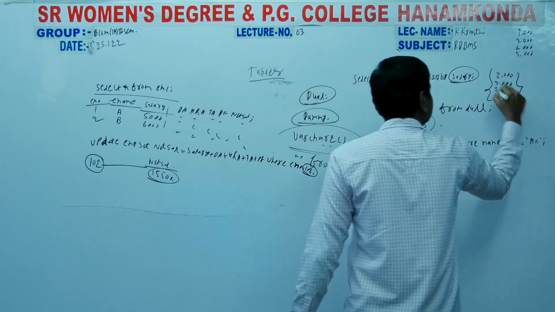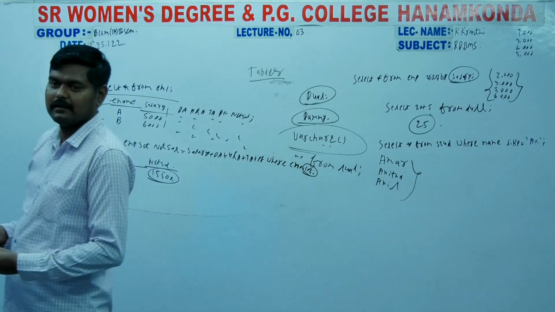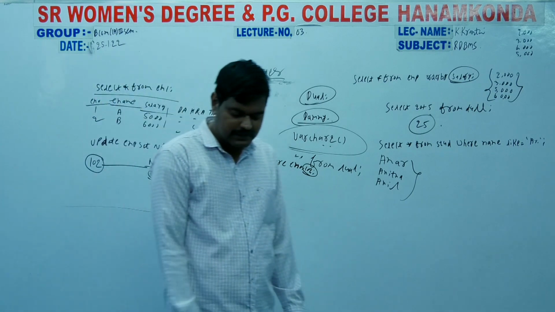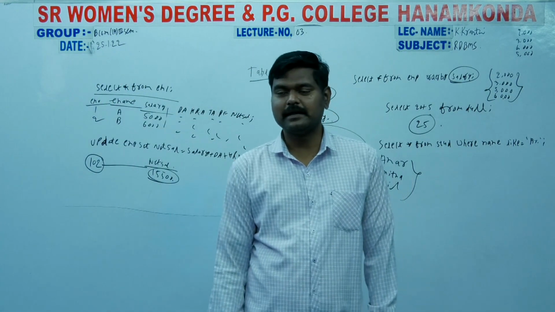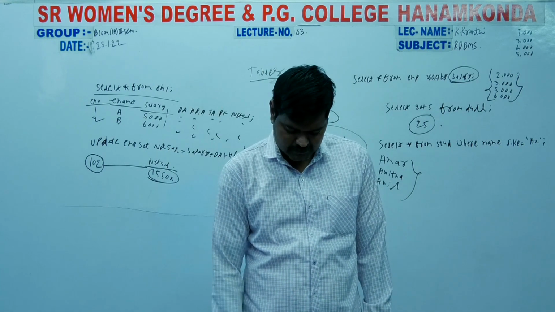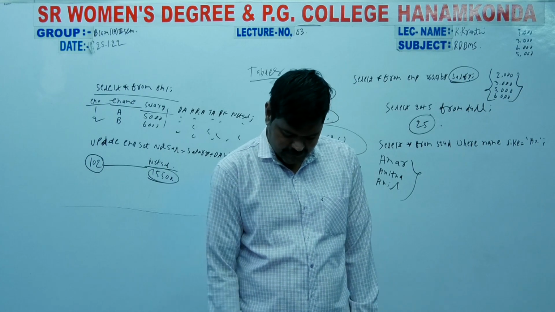Sorting order means arranging the elements in ascending or descending order. Here it takes ascending order and arranges the elements like this. This is called ORDER BY. With ORDER BY we can take any one column and it will automatically be arranged in ascending order. You can try different things like that.